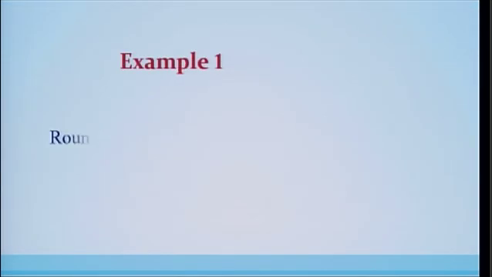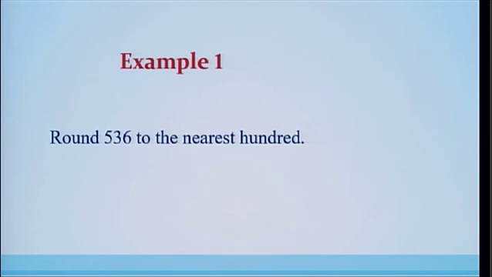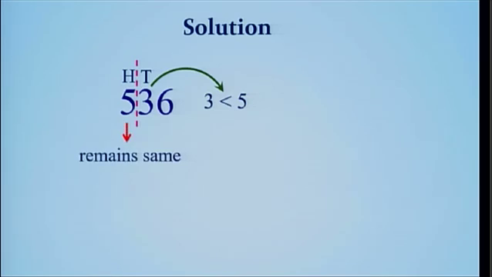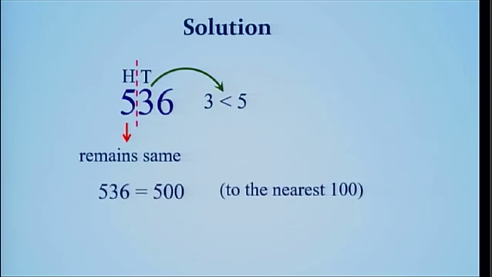For example, if we want to round 536 to the nearest 100, remember that in 100 we have 2 zeros. So 536, we are going to analyze the tens value, which is 3. Since 3 is less than 5, we are going to keep the hundreds value as 5. Hence, 536 is equal to 500.